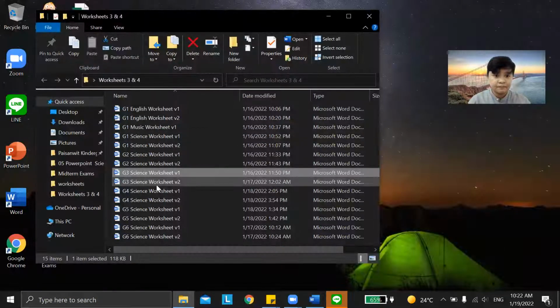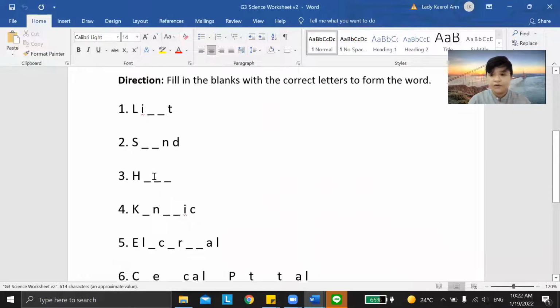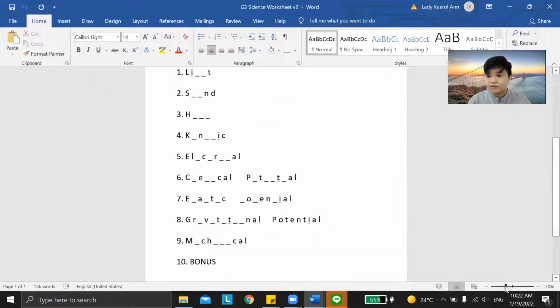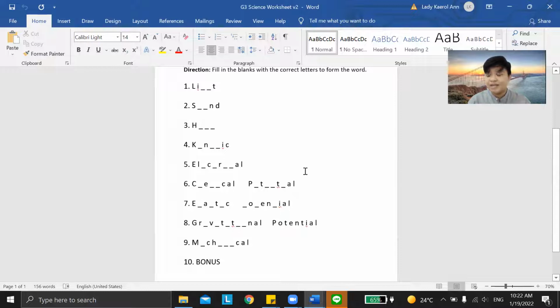Okay. So number one, we have light energy. Number two, sound energy. Number three, heat energy. Number four, kinetic energy. Number five, electrical energy.